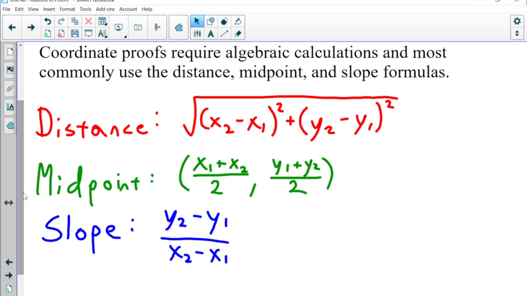So as a reminder for how we did these, you started with your given information and looked at how to use it. If it didn't say this pair of sides is congruent, this pair of angles is congruent, then we used the information to tell us a pair of sides or a pair of angles. Then when we were out of givens, we went to the diagram.